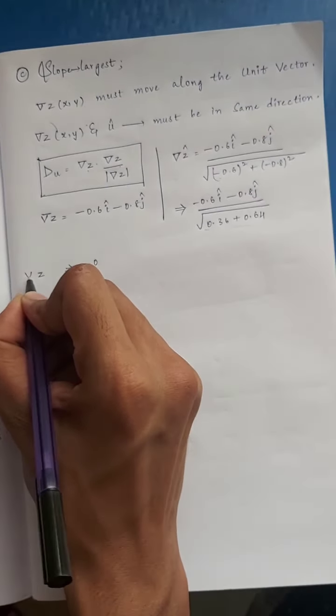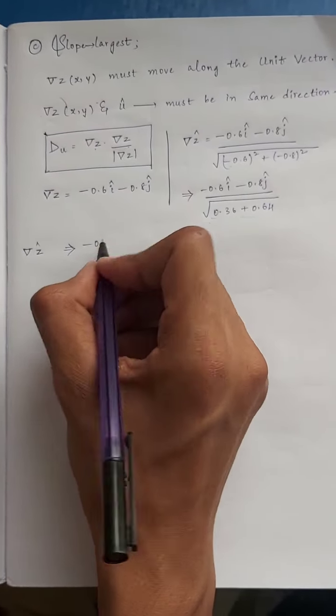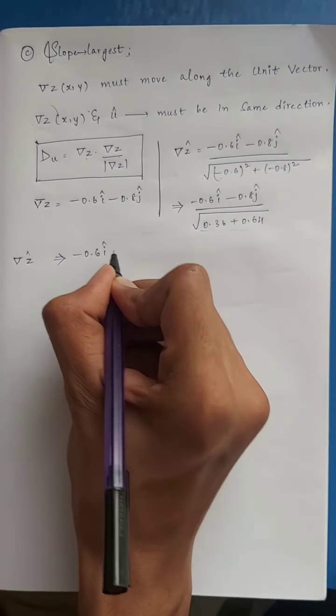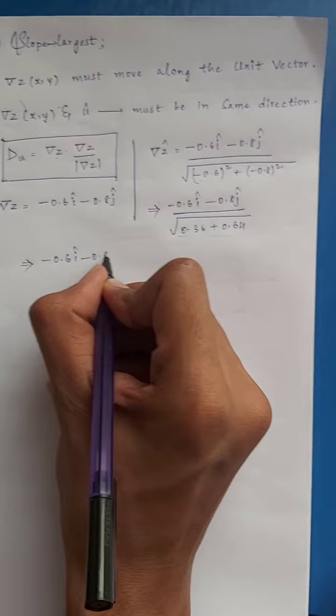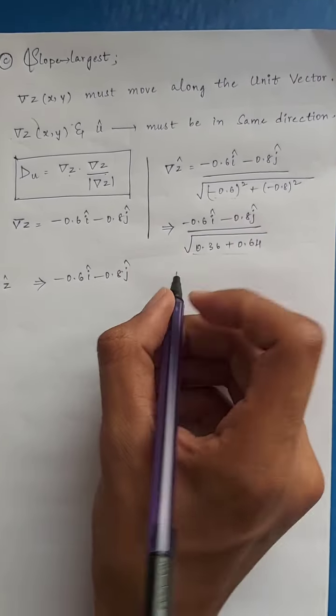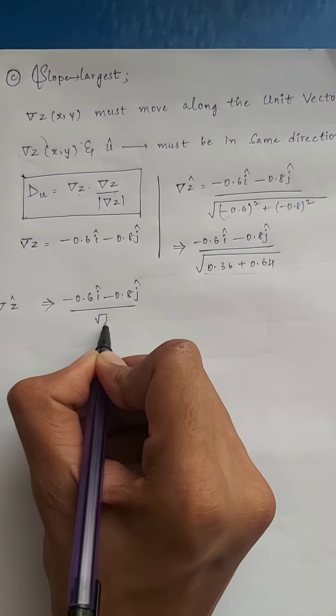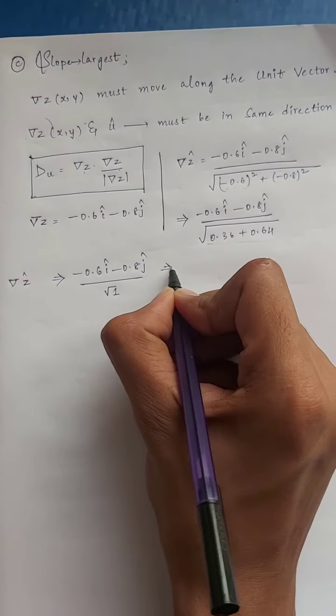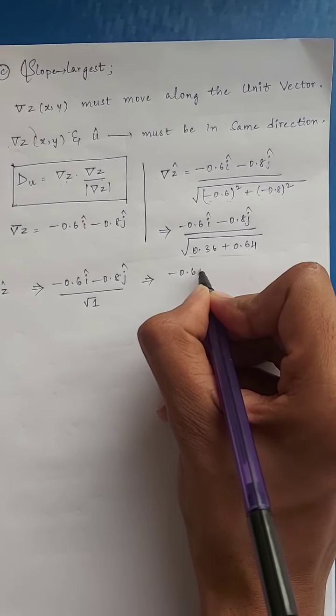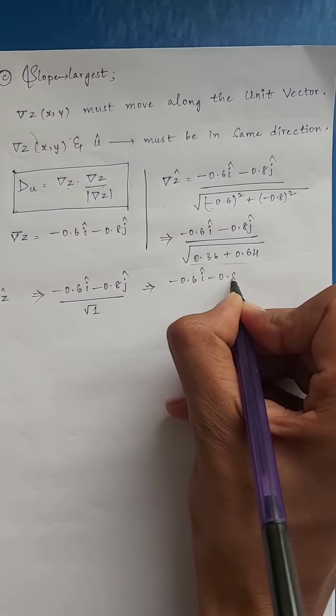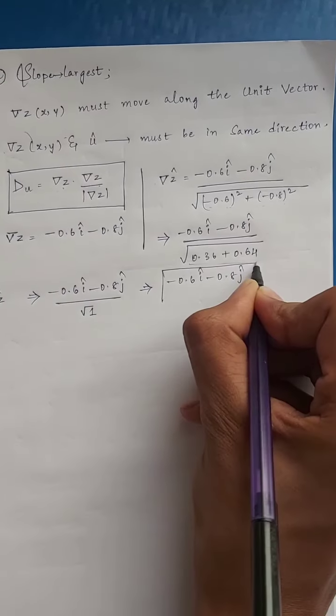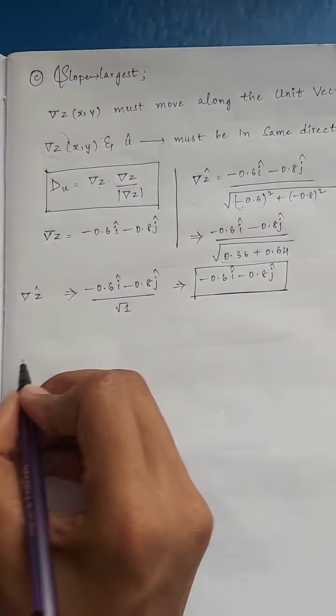So the unit vector along the gradient vector would be the gradient vector itself, since we are dividing by root 1, which is 1 itself. This is the unit vector.